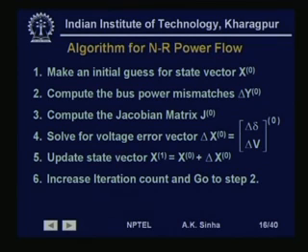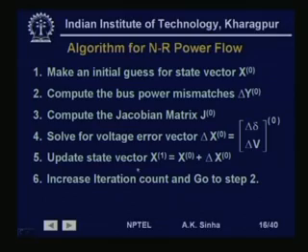So, what is the algorithm for Newton-Raphson power flow? What we have to do is, first we will make an initial guess for the state vector x 0. As we have said earlier, the easiest guess that we have is a flat voltage start. So, for all the buses except the slack bus and PV buses, we choose the voltage magnitude as 1 per unit, and for all the buses except the slack bus, we have the voltage angle initial guess as 0 degrees.